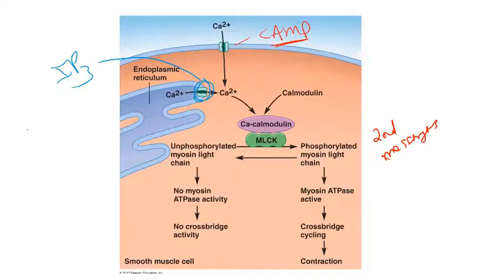So then calcium attaches to calmodulin, which then activates the kinase. MLCK, remember, means kinase on the end. We get this phosphorylated myosin. We activate the ATPase, and this is covalent. And we get contraction. If we don't have that, it's not working, and we get no movement.